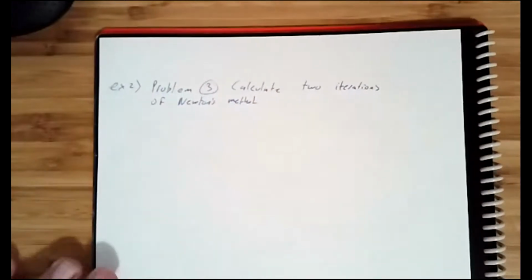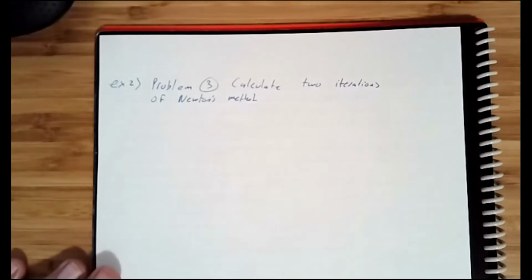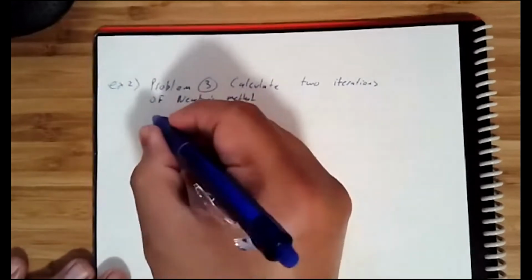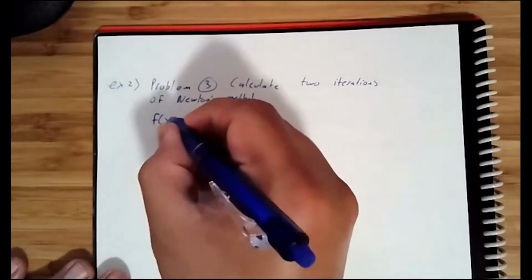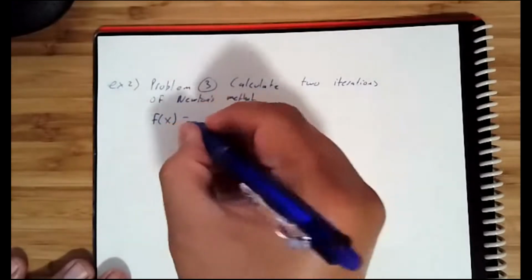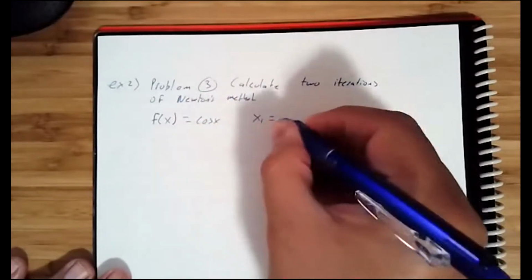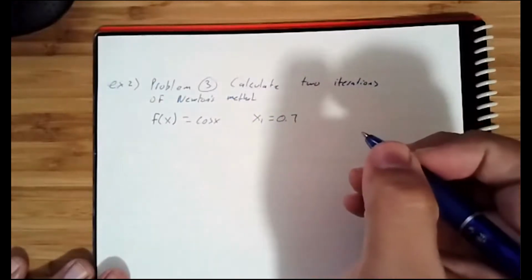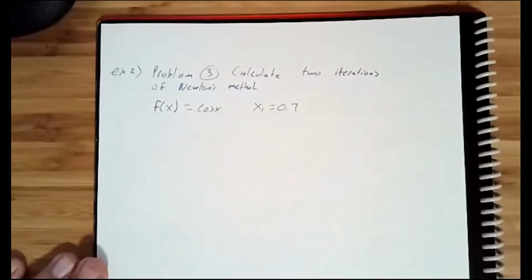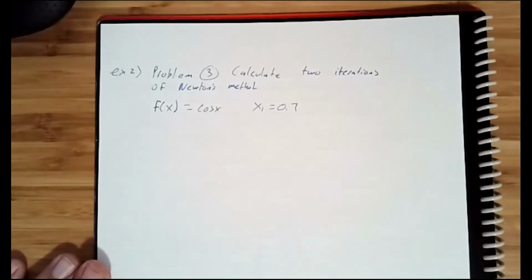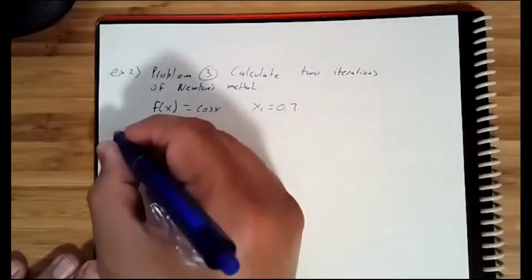Remember, Newton's method is approximating a zero, right? The f they gave us is cosine, and x1 is 0.7. So we need to calculate x2 because x1 is right there.